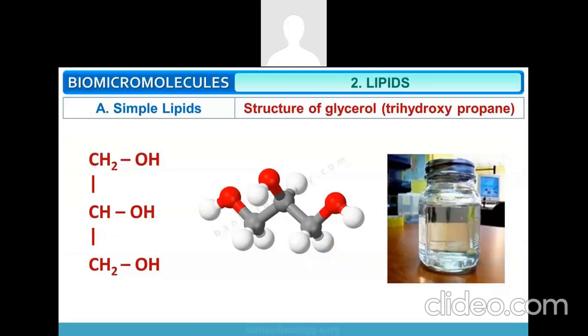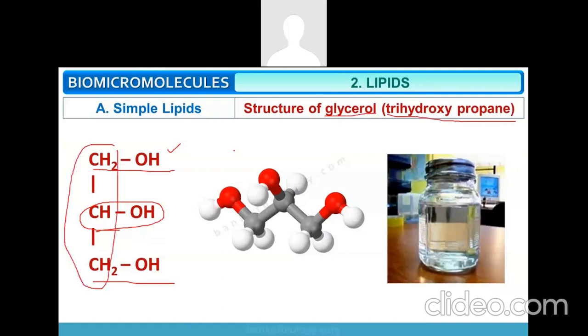Now let us take the structure of glycerol. It is going to be CH2OH and CH2OH on the top and the bottom, supported by CHOH. This is the simplest lipid that we can find, which is called glycerol. It is also called trihydroxypropane because there are a total of 3 carbons.